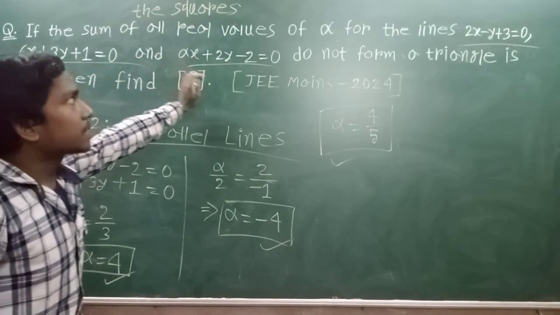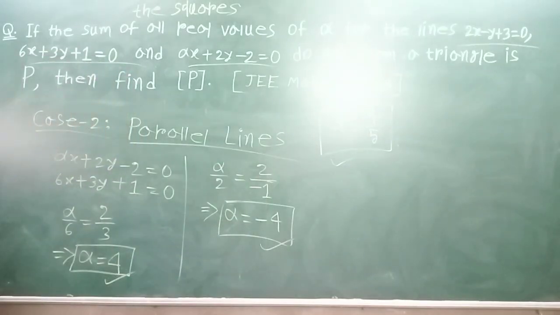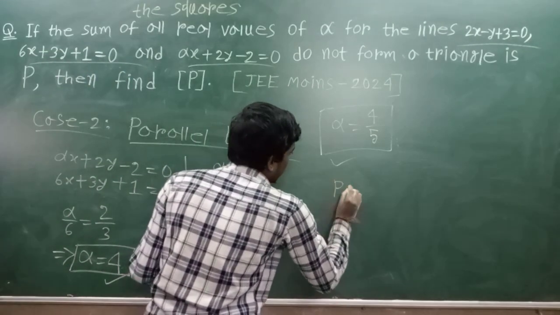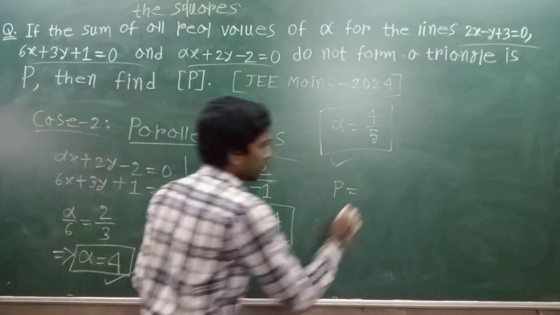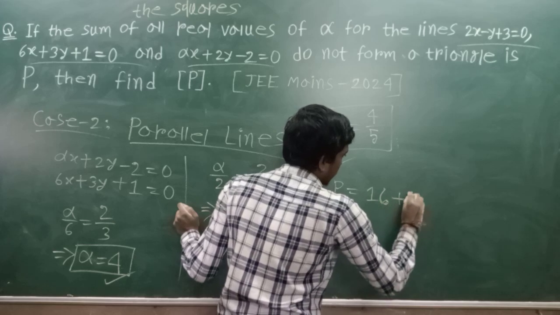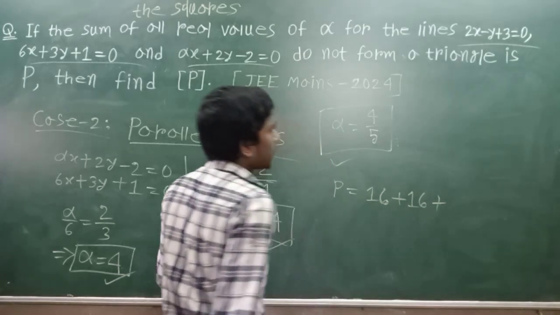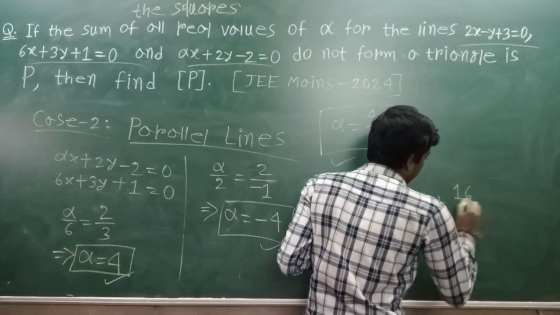P is the sum of the squares of all the possible values of alpha. So P is equal to 4 square is 16, minus 4 square is 16, plus alpha square, 4 by 5 square, so 16 by 25.